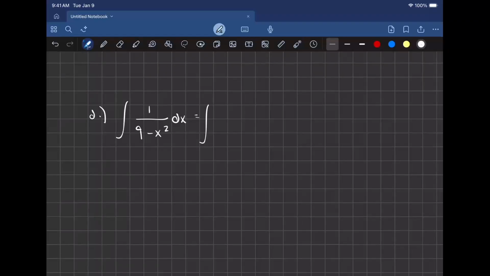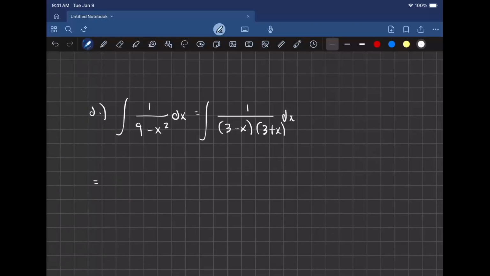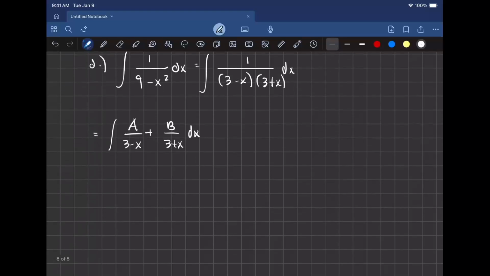So we'll have 1 all over, let's see what these factors are, just 3 minus x and 3 plus x dx. All right, now we have linear factors, so we can set up our partial fractions. This will be big A over 3 minus x plus big B over 3 plus x dx. And that's our partial fraction step.